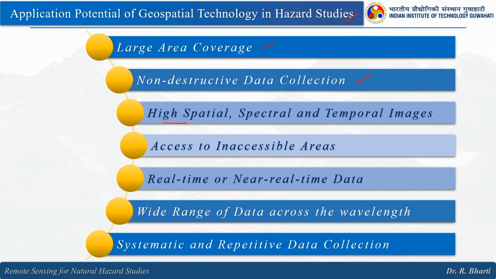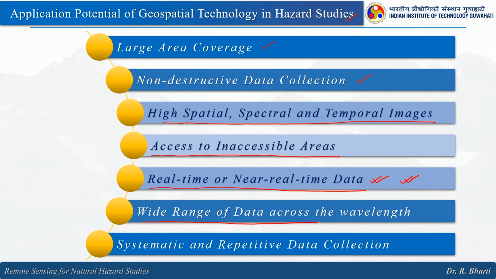Remote sensing can provide high spatial, spectral and temporal images. It can also provide access to inaccessible areas, and real time or near real time data sets that are needed for the hazard studies.